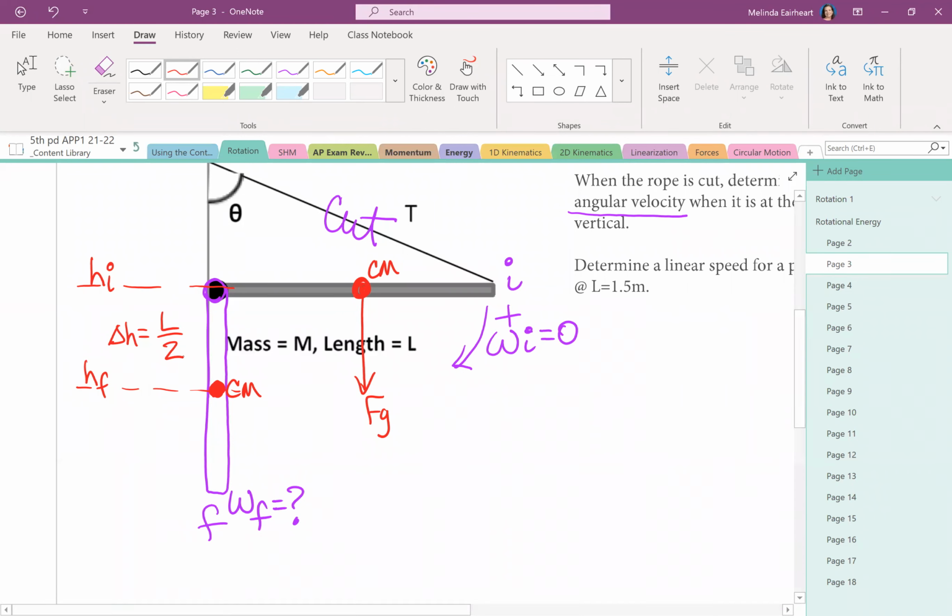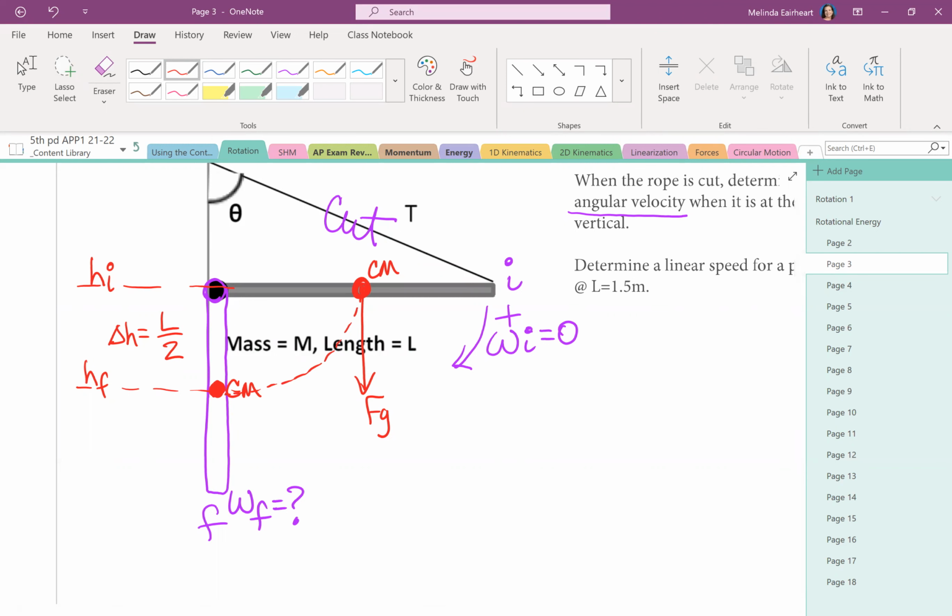So be careful, you may be tempted to use the full length for this height change, but you're looking at just that center of mass location. Really we're focused on the center of mass's rotation here. So what would our energy statement read?